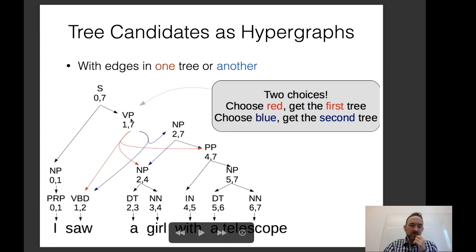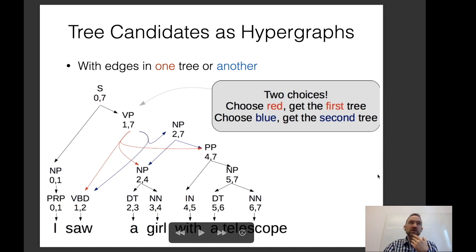So there are 2 choices at this phrase here about the children that could appear in this tree. One child edge could be this red edge giving us one parse. Another child edge would be a blue edge giving us this parse.